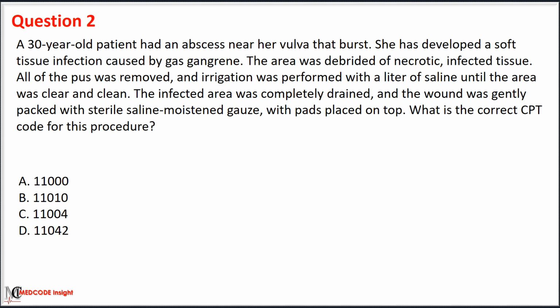The infected area was completely drained and the wound was gently packed with sterile saline moisturized gauze with a pad placed on top. What is the correct CPT code for this procedure? Option A with the service code 11000, option B with the service code 11010, option C with the service code 11004, option D with the service code 11042.